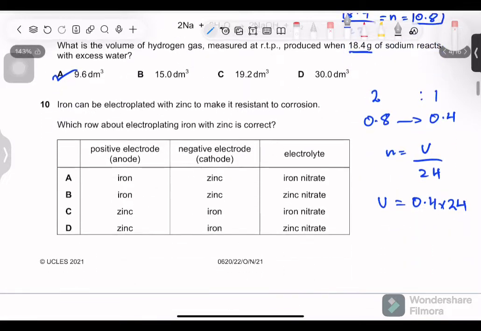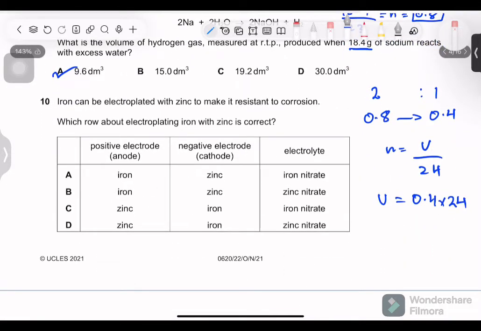Iron can be electroplated with zinc to make it resistant to corrosion. Which row about electroplating iron with zinc is correct? Okay, so when electroplating, the anode is a substance which we are electroplating with.